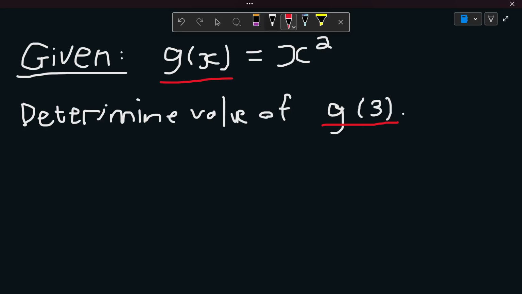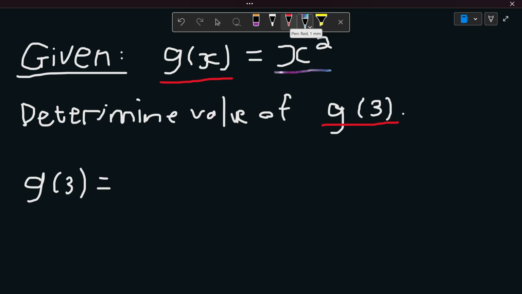Now, let's just answer this question, but let's answer it as if we were answering in the examination, or as homework. Let's write g of 3 is equal to, let's look at our equation. We have x squared over here. We need to replace all the x values in the equation with the number 3, because that is what our g of 3 stands for.